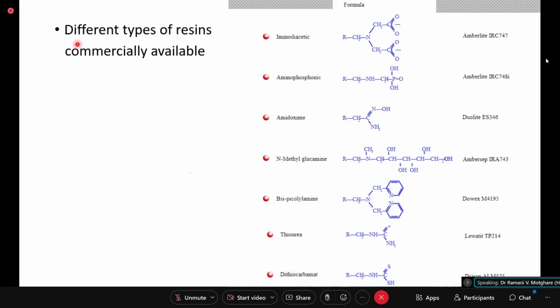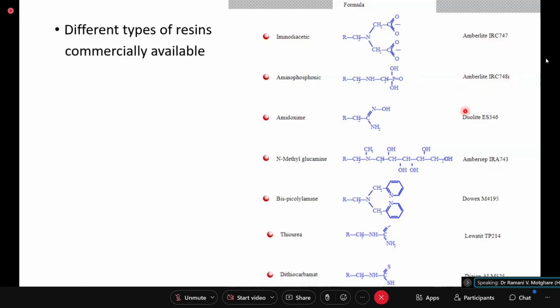Okay. Now the ion exchange resins are mostly used on a large scale in a number of industries where demineralized deionized water is required. So the commercial names of those resins are like, if it is an aminodiacetic group, then it is Amberlite IRC7.